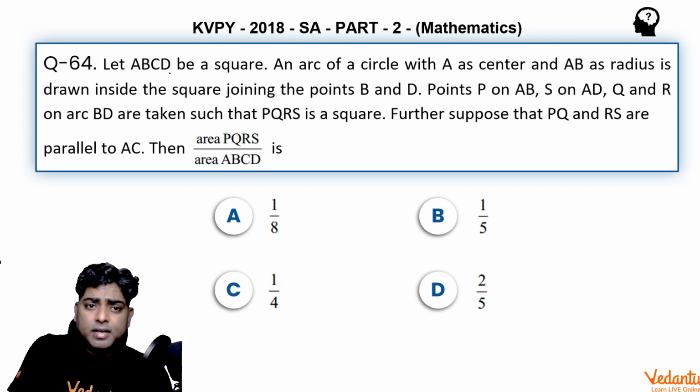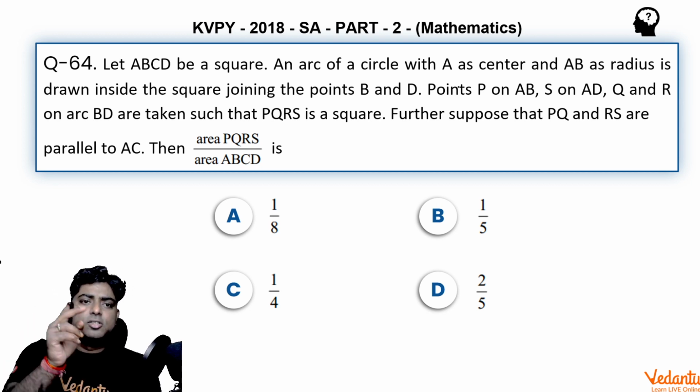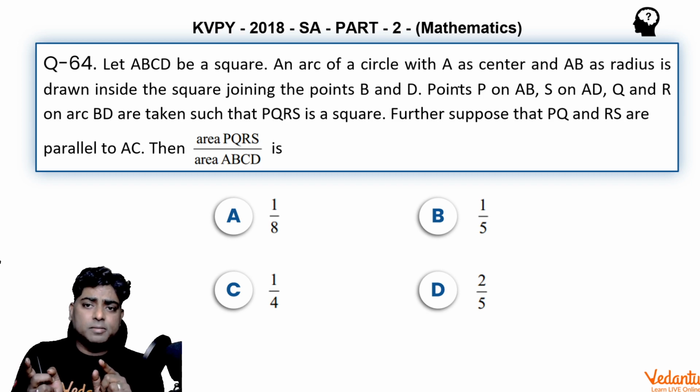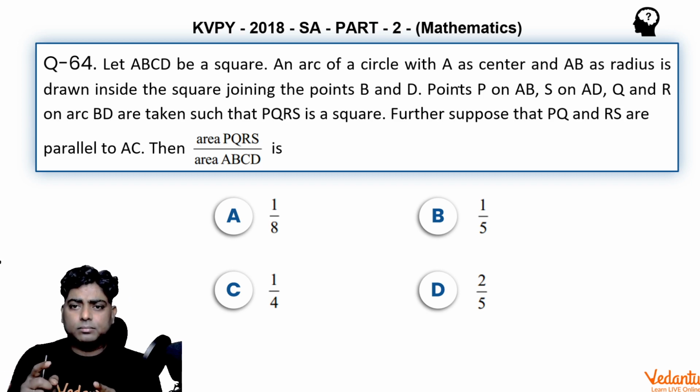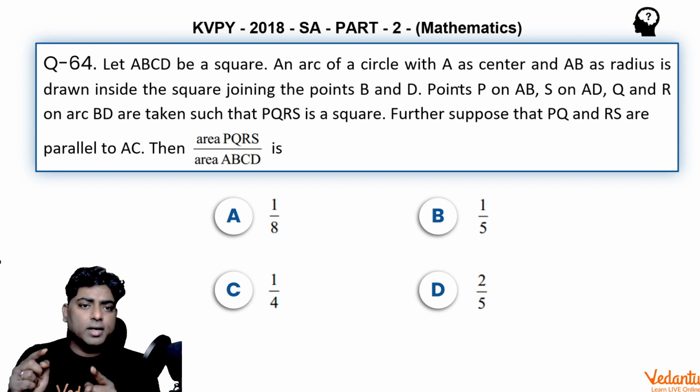It says: let ABCD be a square. An arc of a circle with A as center and AB as radius is drawn inside the square joining points B and D. Further, points P on AB, S on AD, Q and R on arc BD are taken such that PQRS is a square.